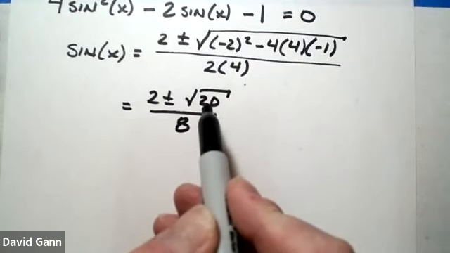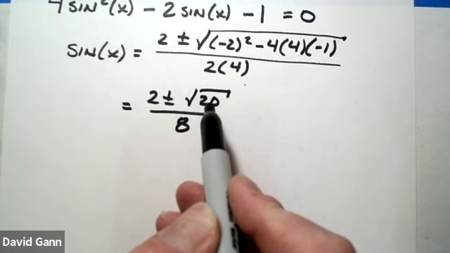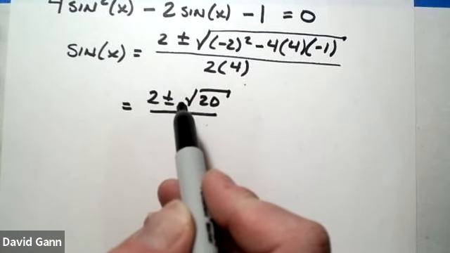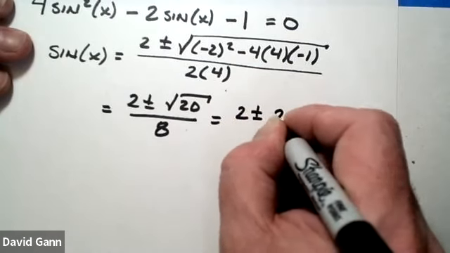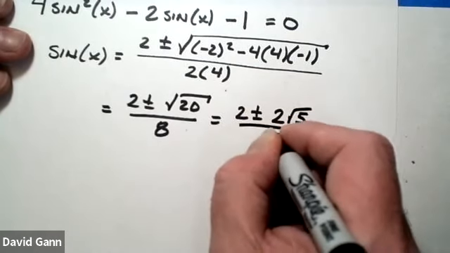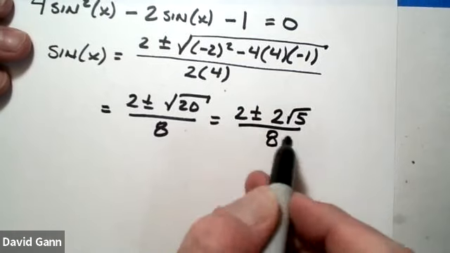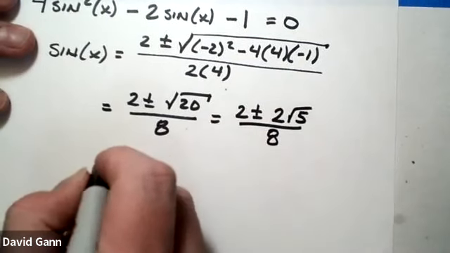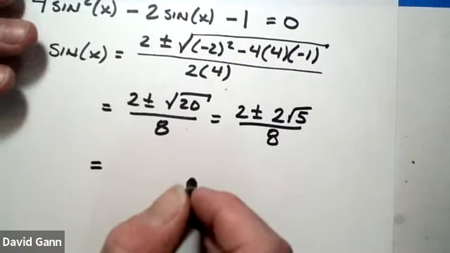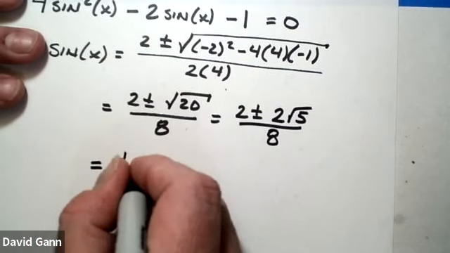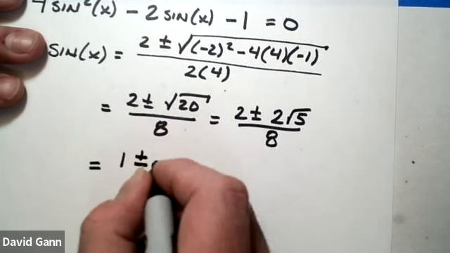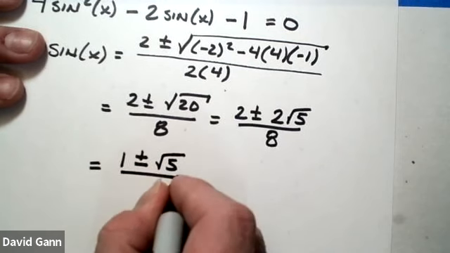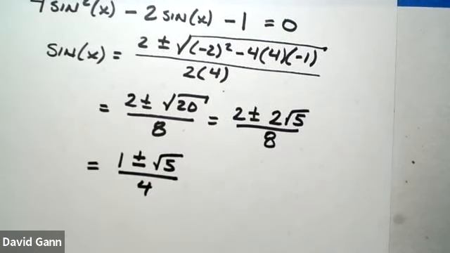We can make that a little simpler because the square root of 20 has a factor of 4 in it, which pops out and makes that a 2. So we have 2 plus or minus 2 square root of 5 over 8. Now everything top and bottom has a factor of 2, so we get 1 plus or minus square root of 5 over 4.